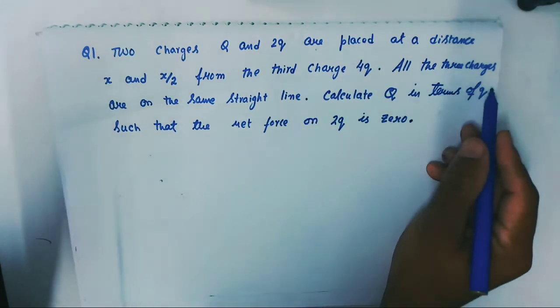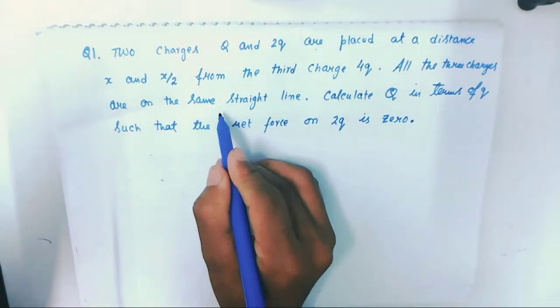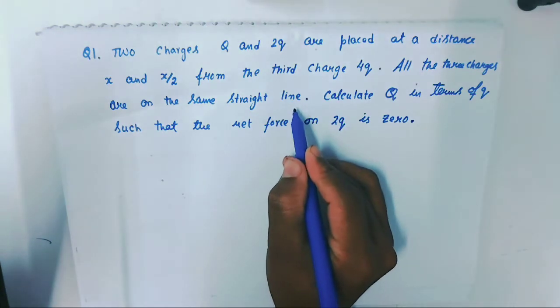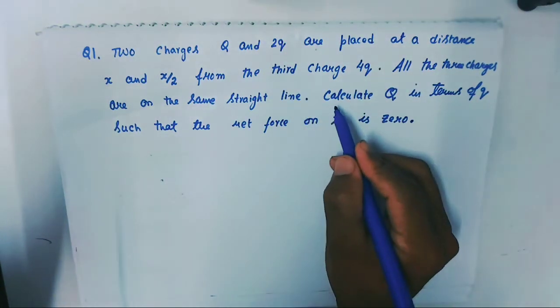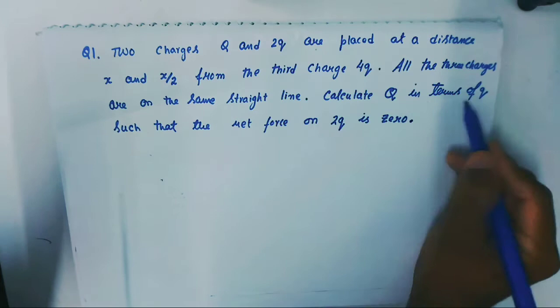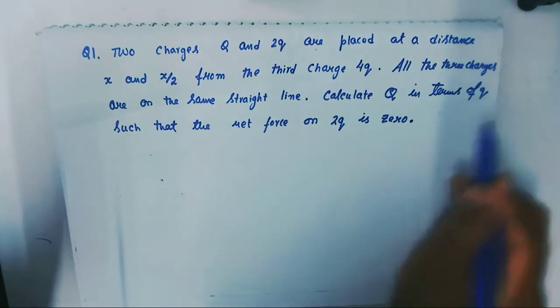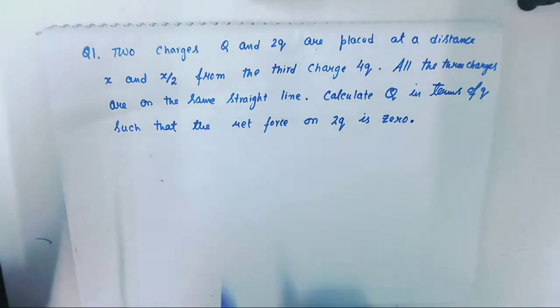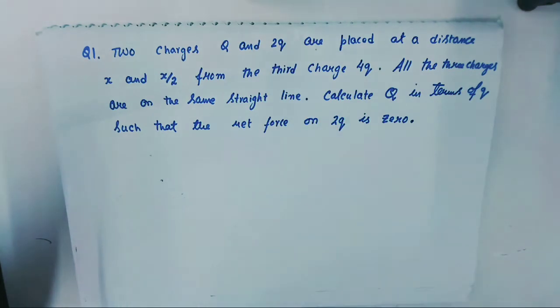All the three charges are on the same straight line. The question says calculate Q in terms of small q such that the net force on 2Q is 0.